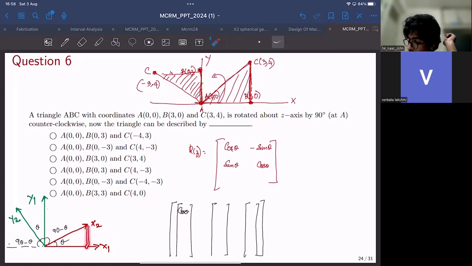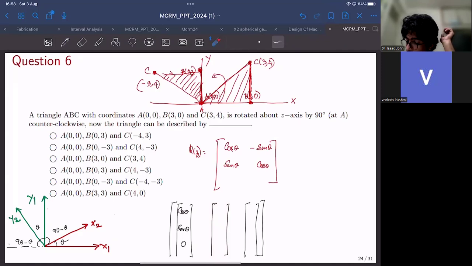The third component is the projection of x2 on z1. Z1 is out of plane, so that is perpendicular, it is 90 degrees, so it will be 0. And coming to the second column, now we take y2 with respect to x1, y1, and z1.